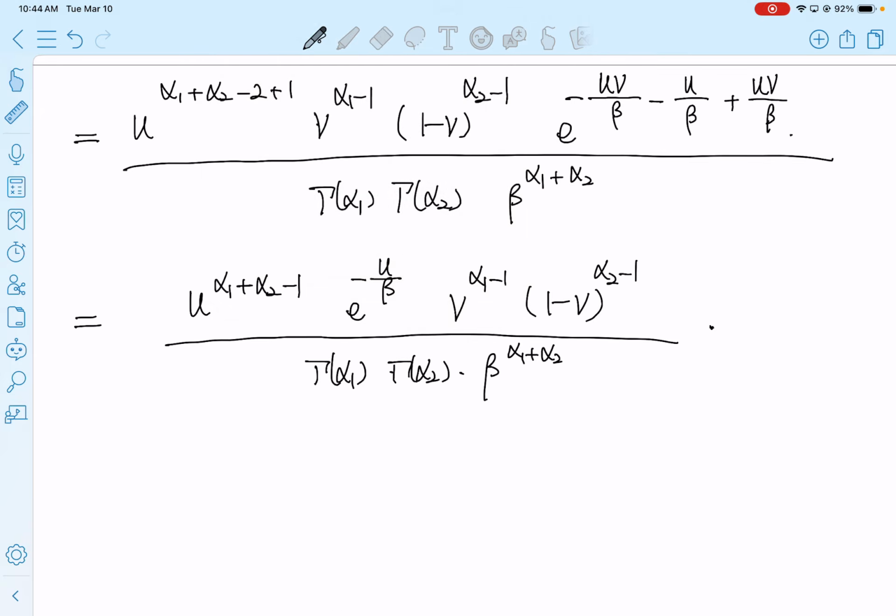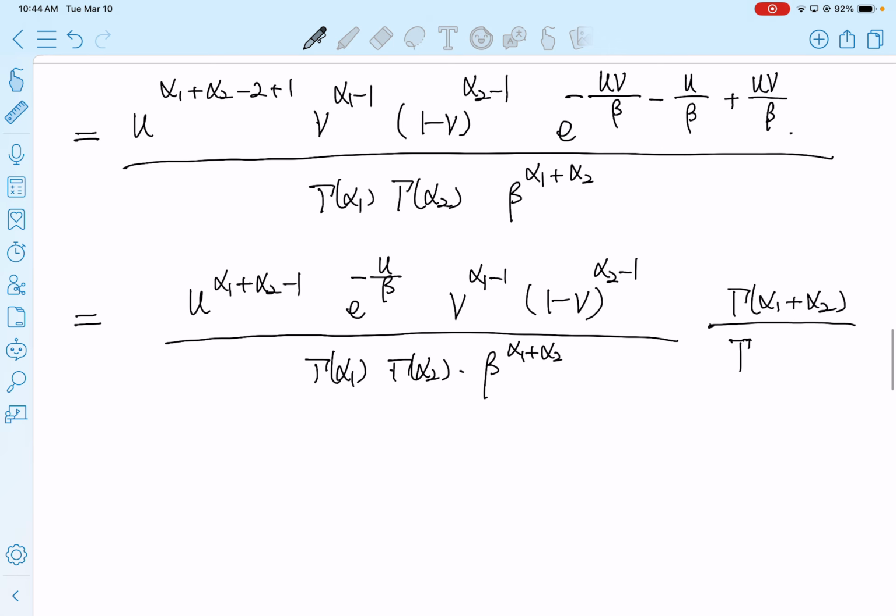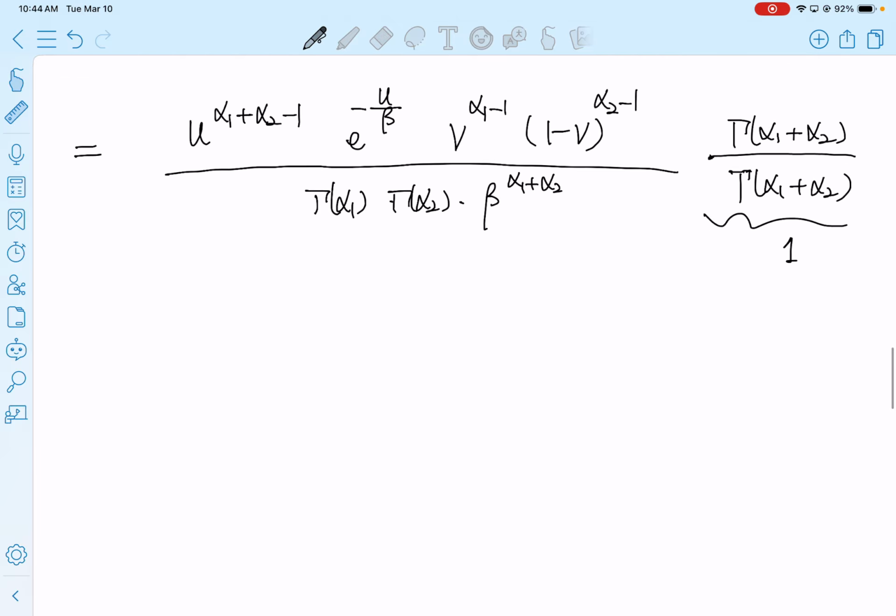I'm going to multiply by an extra 1 defined by the gamma function of alpha 1 plus alpha 2 over the gamma function of alpha 1 plus alpha 2. This is just equal to a scalar 1. Again, the equal sign still holds, but now let's take a look. What does this extra term give us in terms of manipulating the formula here?